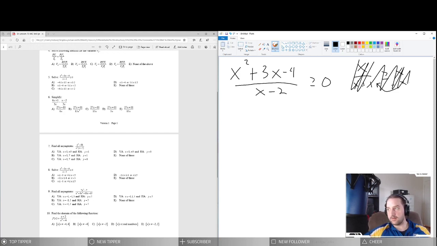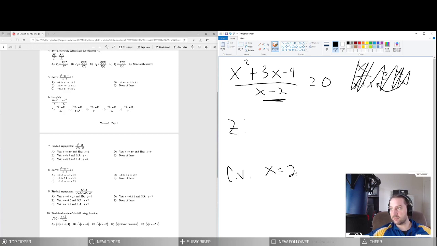It's one inequality. So we look at two things. We need to find what are the zeros and what are my critical values or undefined values. So my critical values are what's in the denominator, what cancels out. So in this instance, if I set x minus 2 equal to 0 and solve, that's going to give me x equals 2.